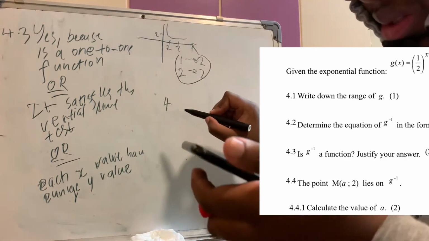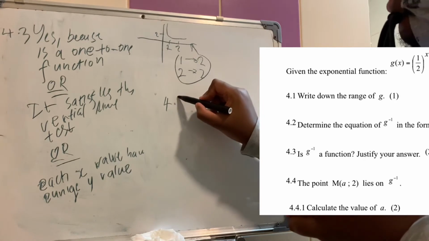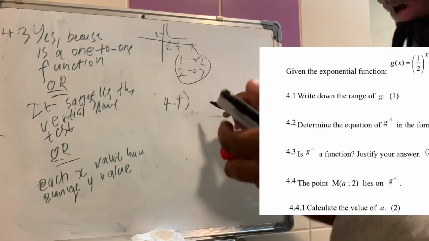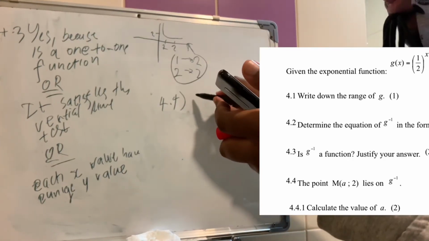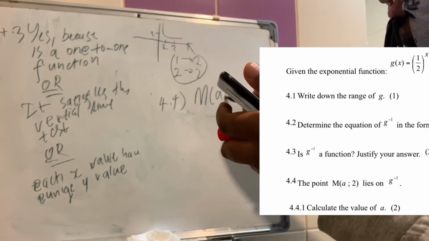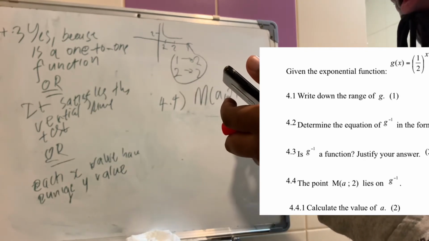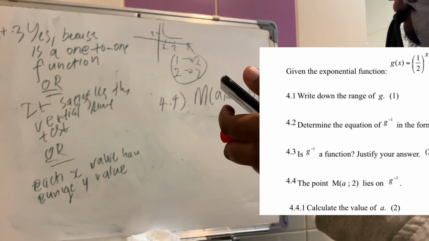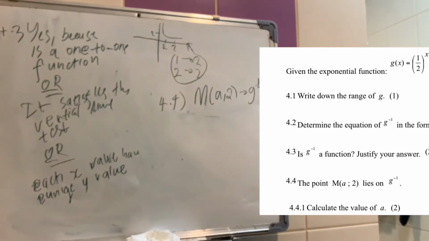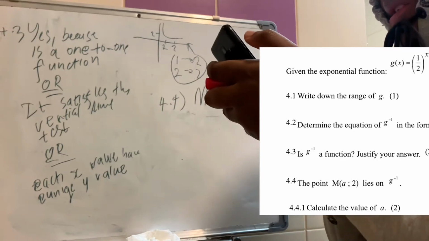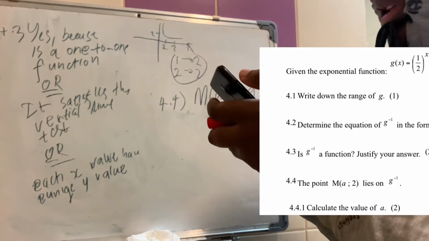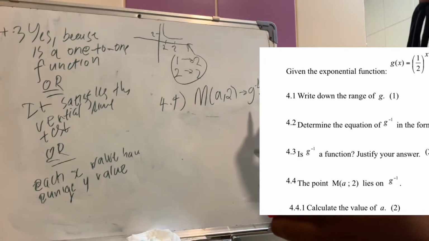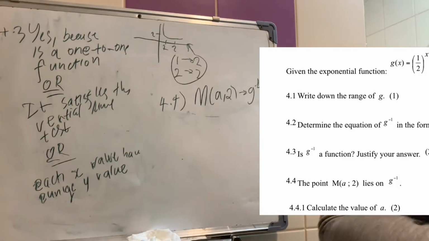I'm going to do the last question related to the image, because I haven't been dealing with this in so many years. 4.4 says, the point M has coordinates A and 2, and it lies on G inverse. If this point lies on the inverse, then calculate the value of A.